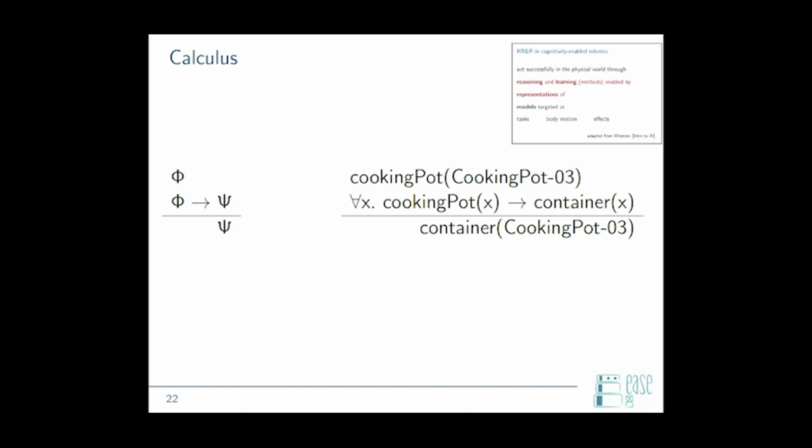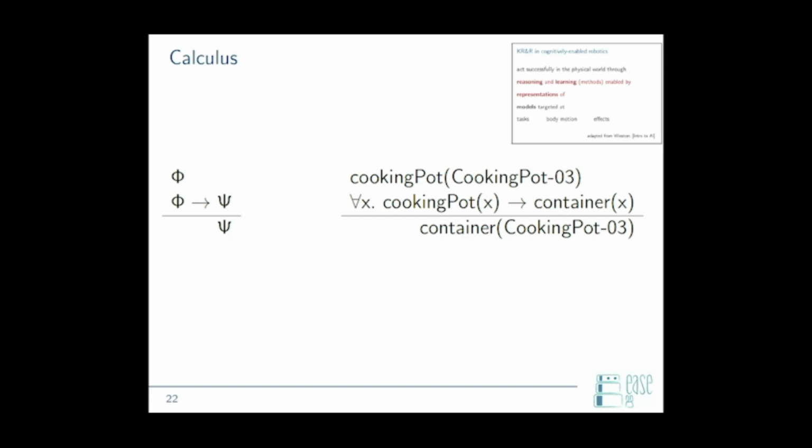So what the calculus gives us, in the case of logic, is a way of adding new symbolic structures to the knowledge base. And in particular, we are interested in logics where the new symbolic expression that we add is true if the constituents of the reasoning step are also true.